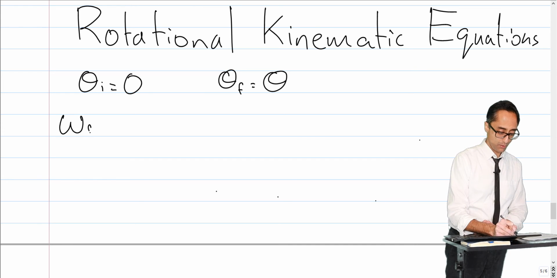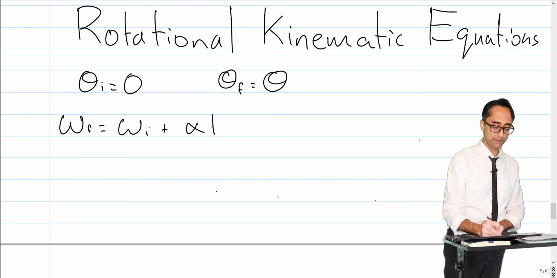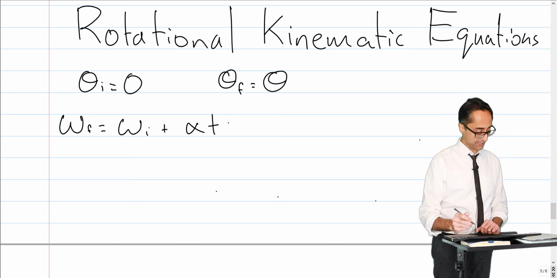And so these equations are going to be identical to our one-dimensional kinematic equations, as we'll very quickly see, with omega final equals omega initial plus alpha t, which is exactly the same, if you recall, as v final equals v initial plus at.